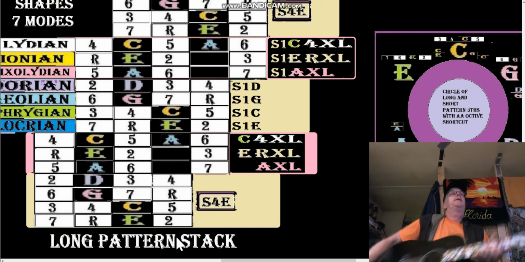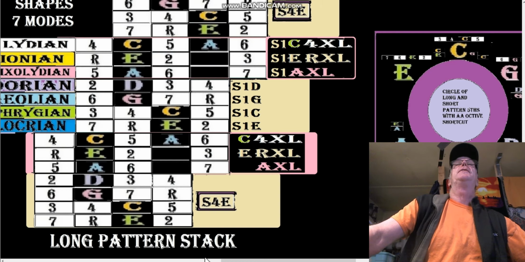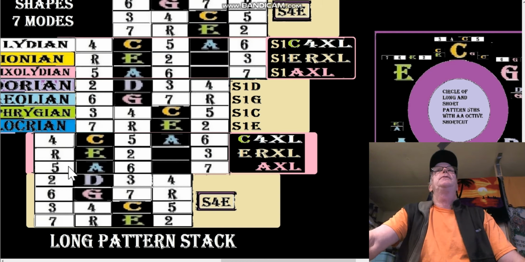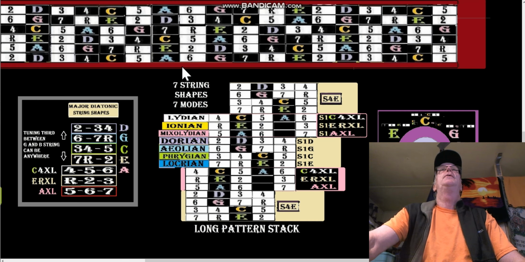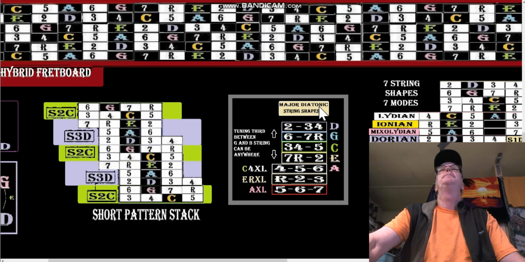So we could start anywhere, and that's pretty much the crux of that tune. We could do from the fifth, you know, and just play on up. So we get everything in this long pattern, although it pays to know the short pattern.